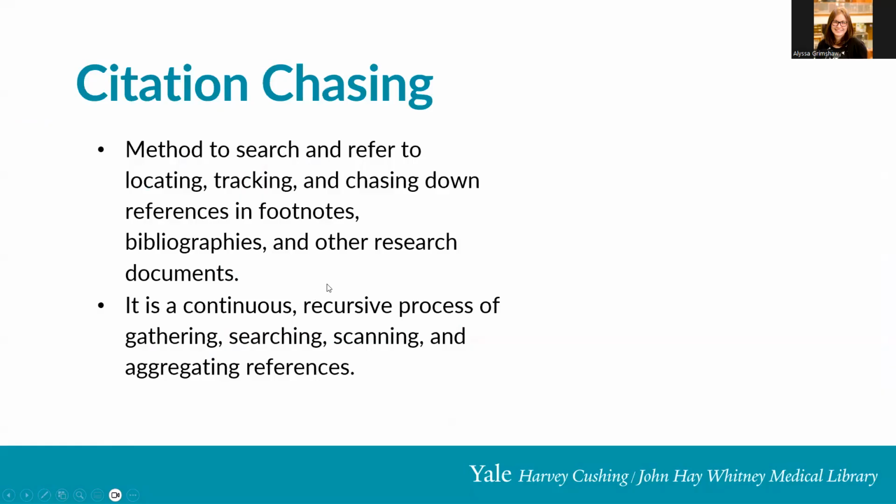We did talk about citation chasing, but there's a little more information on this slide, so I'm just going to highlight it really quick. Citation chasing can be a continuous process. So if you find 5 additional studies, you should probably run another citation chasing on those 5 studies.